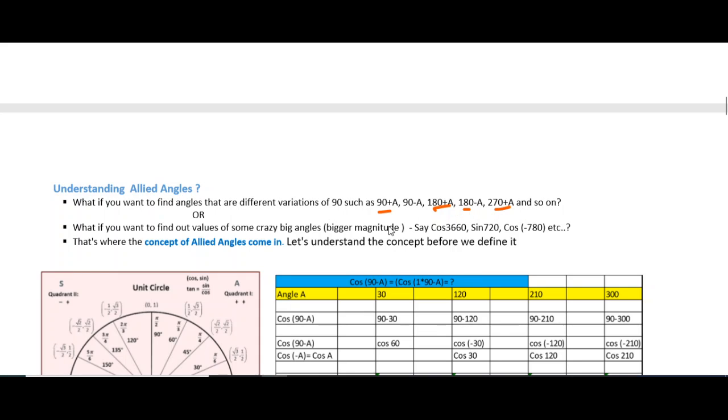Or instead of giving you a relative angle where we really don't know the angle A, and we just say 90 plus A, what if someone gives you a crazy angle?